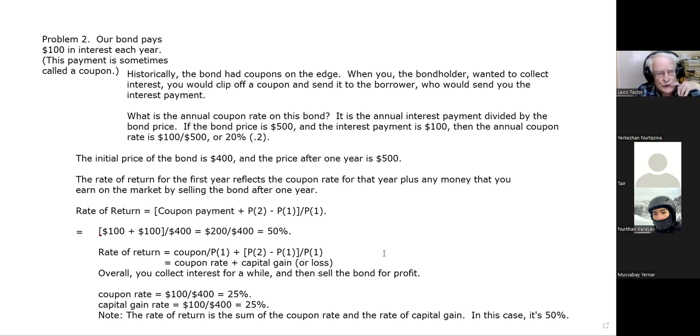I will also send you the screenshots of the session and also post the recorded lecture to the Moodle page at the end of class. Any questions about problem number 2? Okay, good.